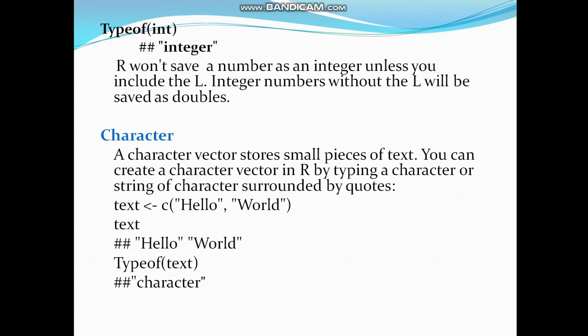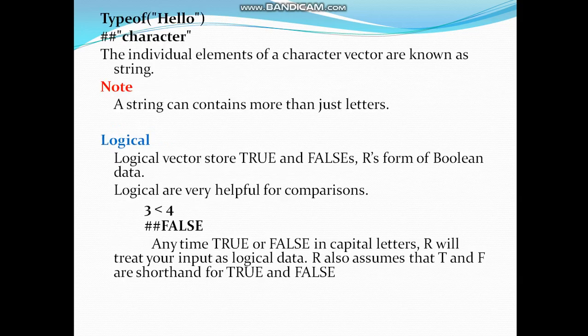Double hash, as I already told you, is a display operator, an output operator. It is used to display the output within double quotation marks, hello and world. In the same way, the typeof function returns which type of object we are using. Note one thing, a string can contain more than just letters.